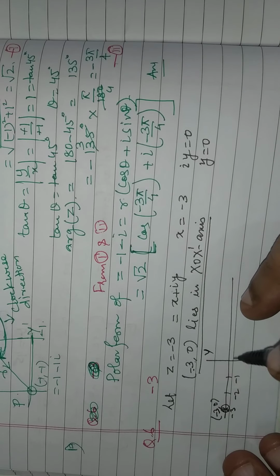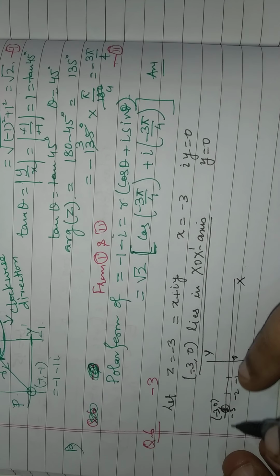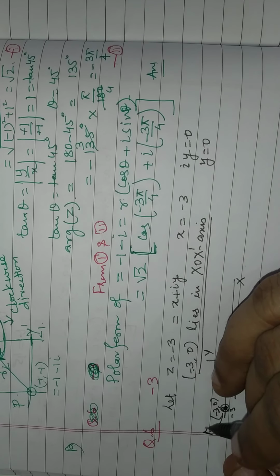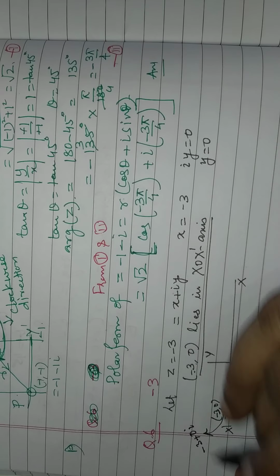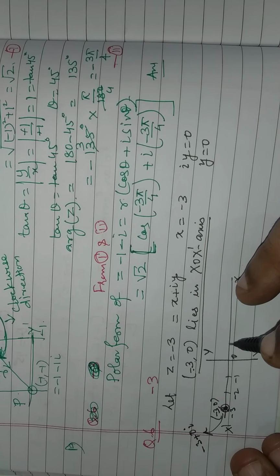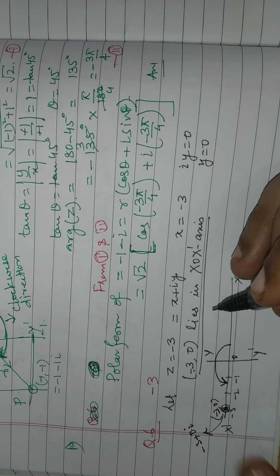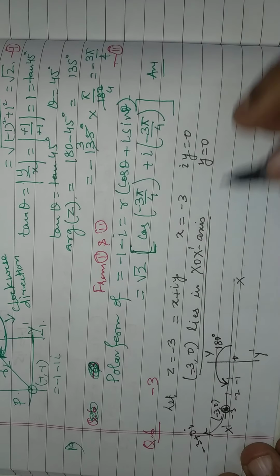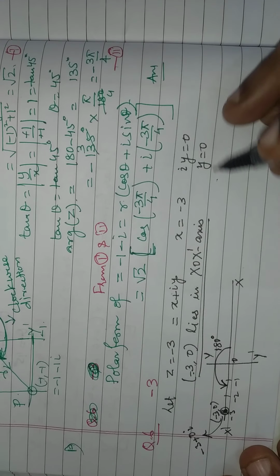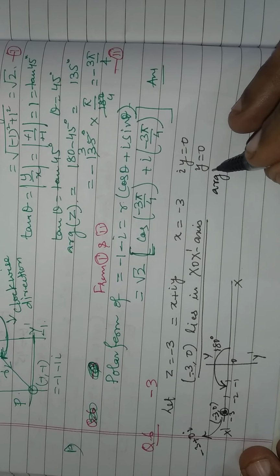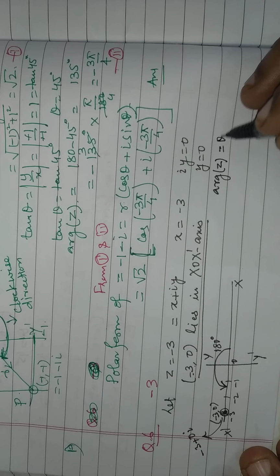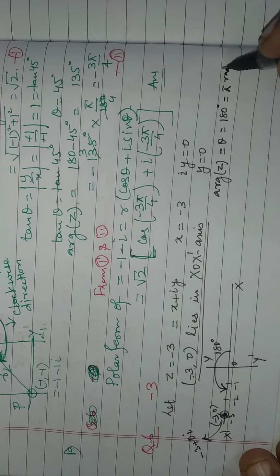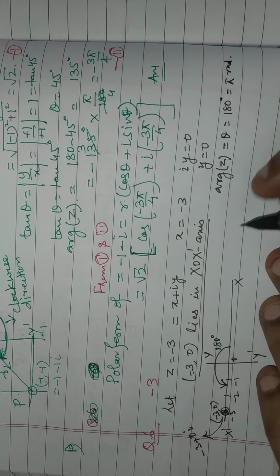So now y'oy and x'ox. Here is the complex number which represents minus 3 plus 0i. So how many degrees does this make with the positive direction of the x-axis? 180 degrees, quite obvious. So from the figure we can directly write that the argument of this complex number z is theta equal to 180 degrees, as you know that it is pi radian. Directly I am writing, otherwise it will unnecessarily take time.